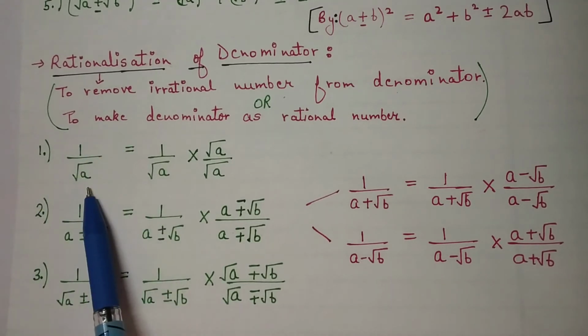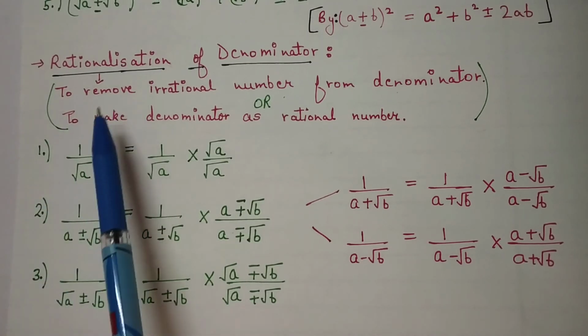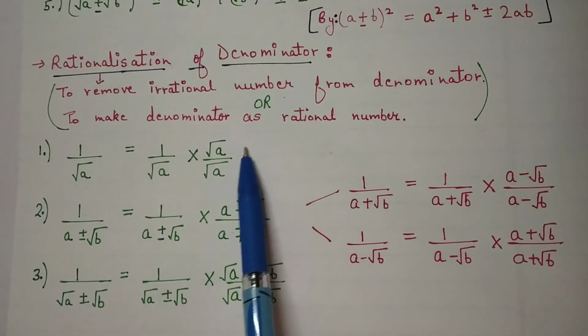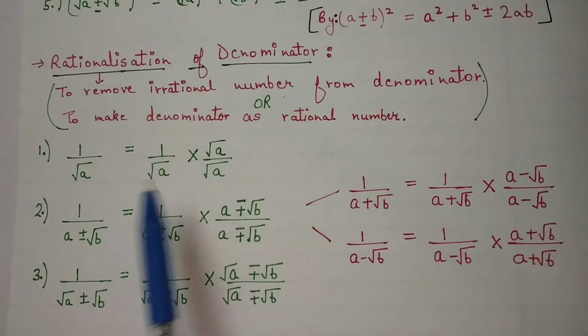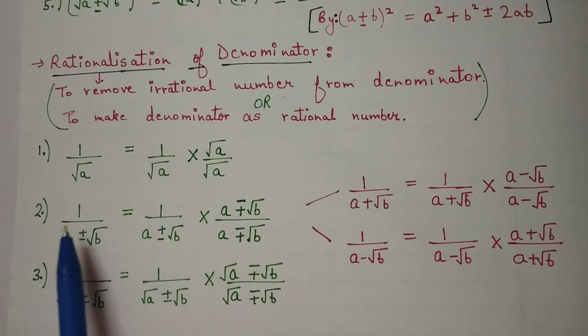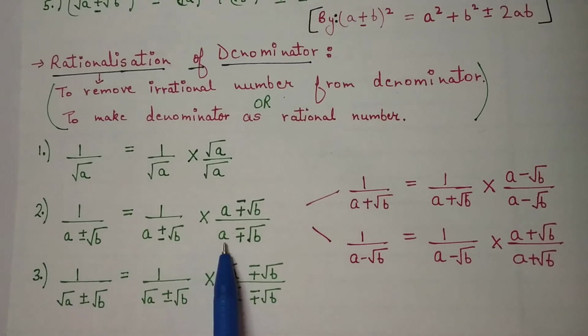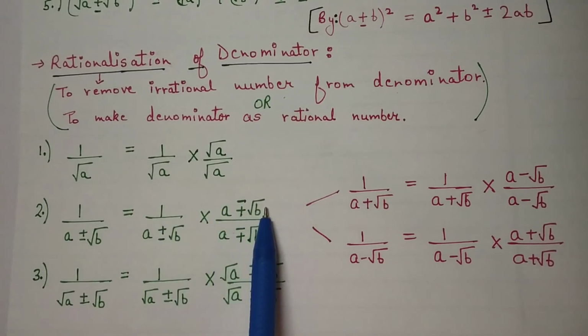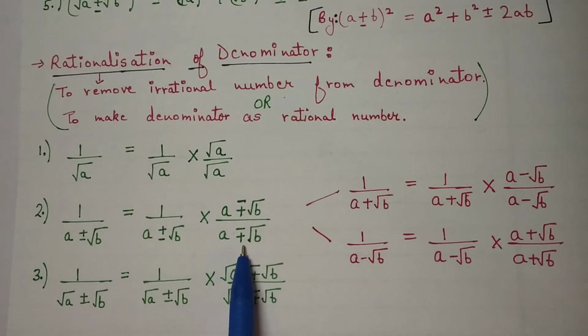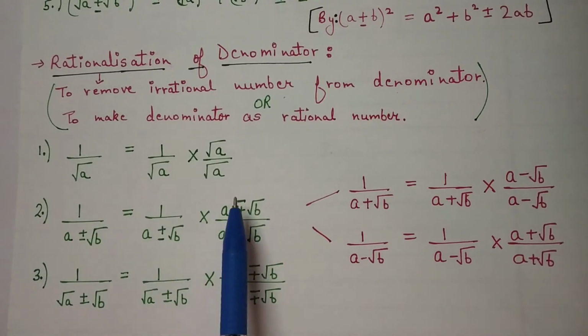If there is an under root a form question, we multiply and divide by under root a. If there is a question where I have given 1 by a plus root b or 1 by a minus root b, then we take the opposite sign and multiply and divide the same numbers by the opposite sign.